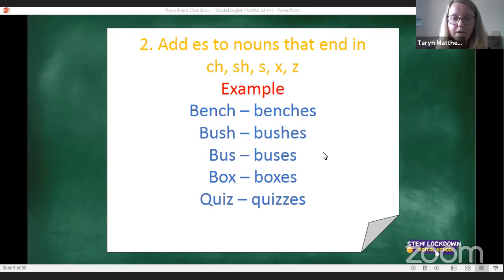So can anyone else give me other examples of words that end with a ch, a sh, an s, an x, or a z? What other words can you think of that will use this rule? Oh, not fish. And you're going to see why. Oh, good. Yes. Church.